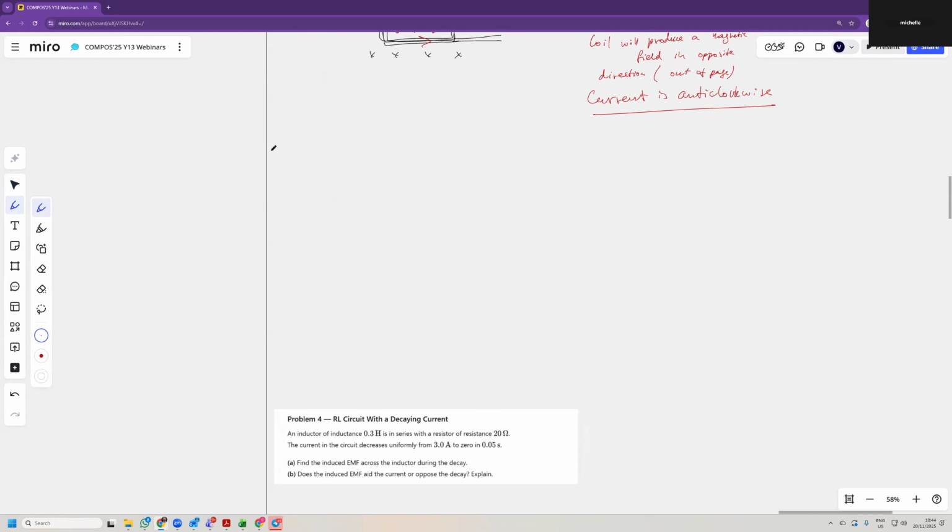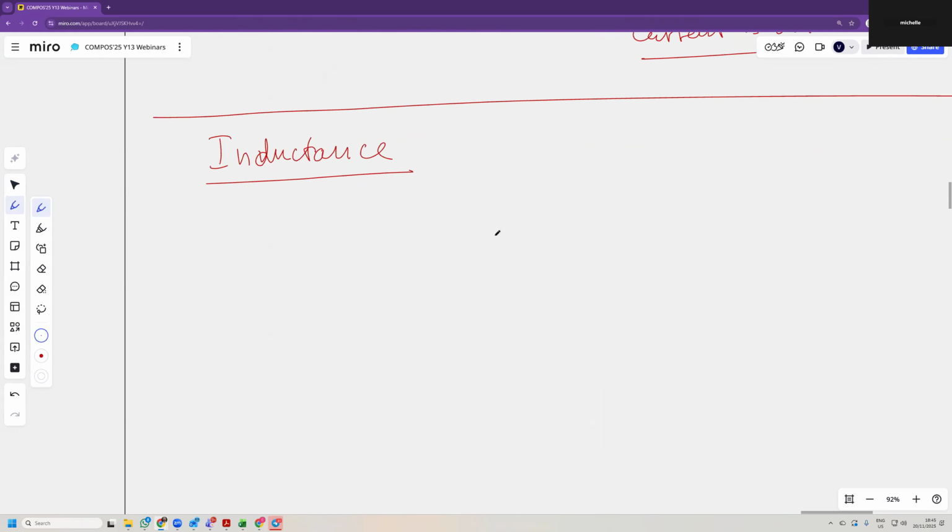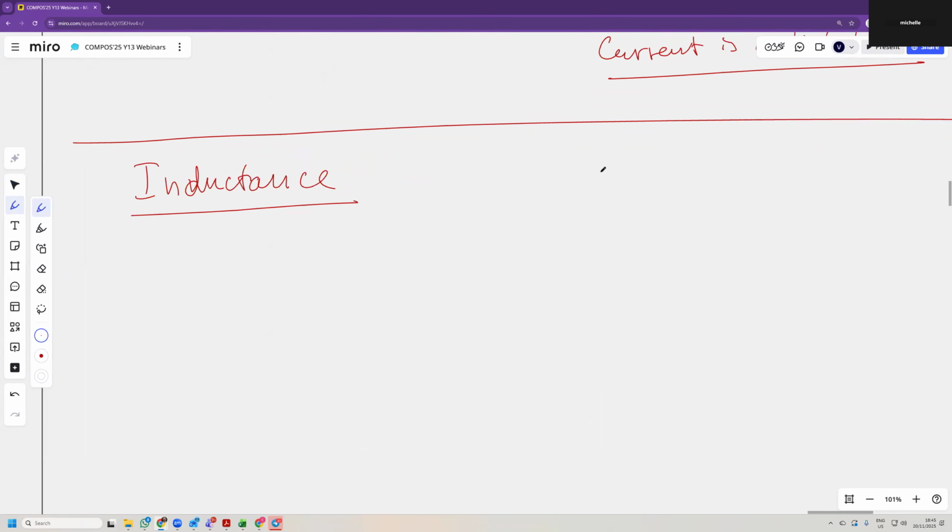So imagine you have a coil. Imagine you have, like, a light bulb. Well, a light bulb is not a very good example. Okay, let's imagine you have a resistor.